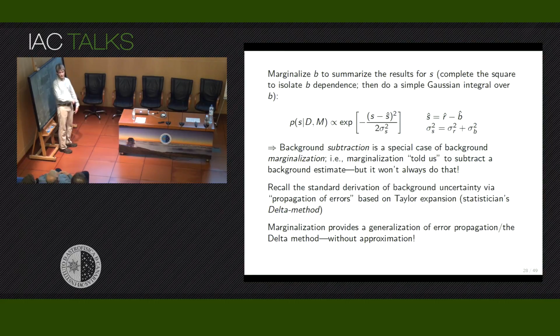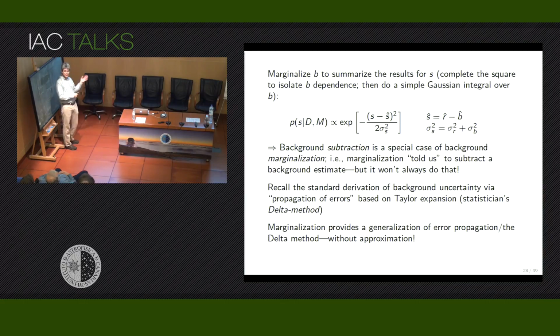You'll have to complete the square in that, and the final result probably is no surprise that it's normal in S. The estimated signal is just the estimated total rate minus the background estimate, and the uncertainty follows the familiar propagation of error rule, where you sum the variances and then take the square root. So you already know this.